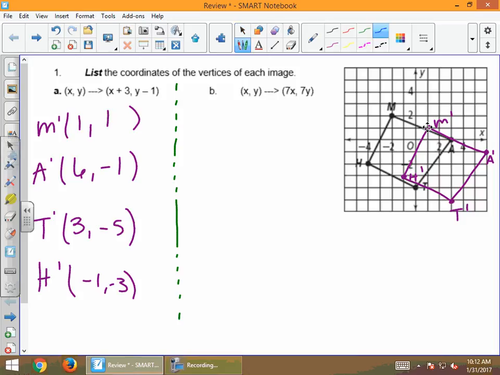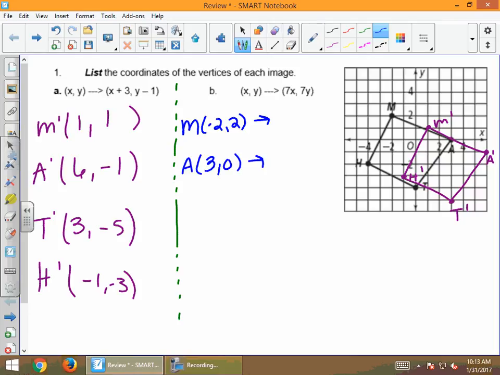Okay? So again, when you do a dilation, it's telling you what to do right there. You multiply your x values by 7, you multiply your y values by 7. When you do a dilation, you have to write down those original points. When we write down those original points, M is -2, 2. A is 3, 0.